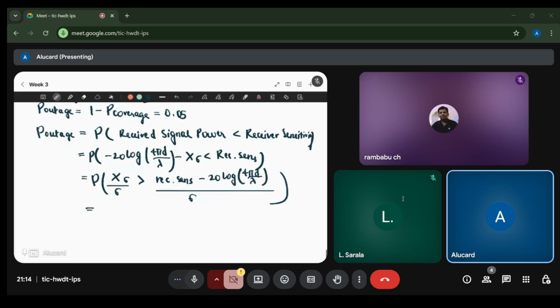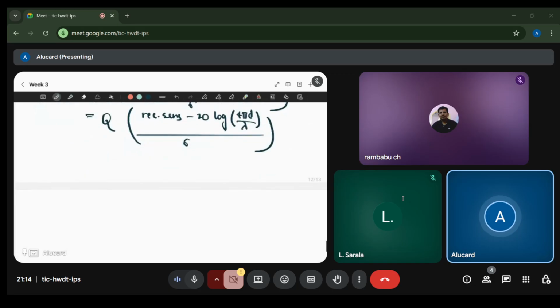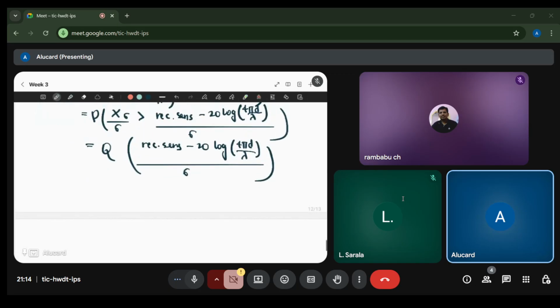You'll get the probability to be equal to Q of receiver sensitivity minus 20 log 4 pi d over lambda, divided by sigma. So you can find an online calculator again to find the value of Q. And once you find the Q value, that will be equal to the probability of outage.